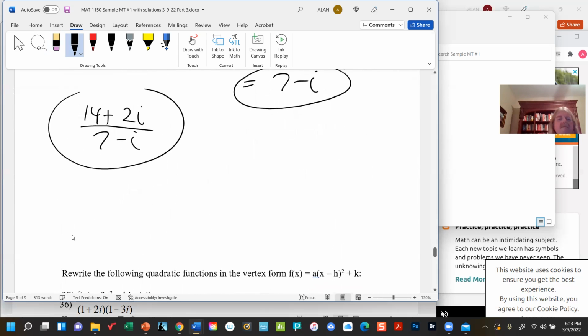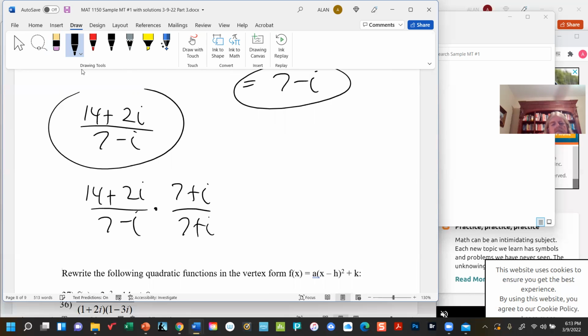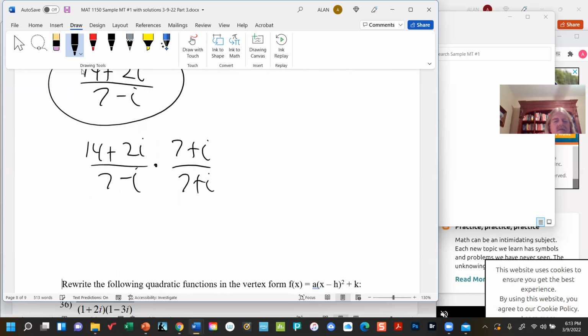All right. That's fine, but we really should apply the complex conjugates to get it as simple as possible.